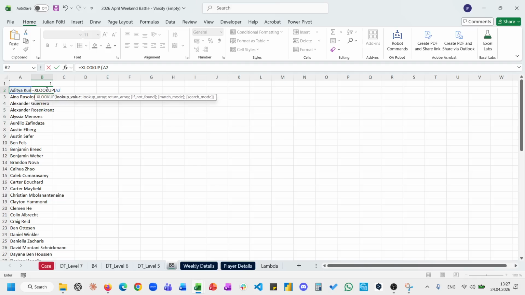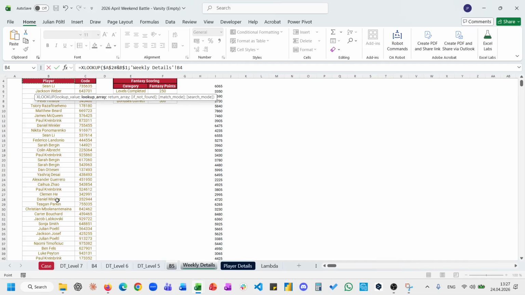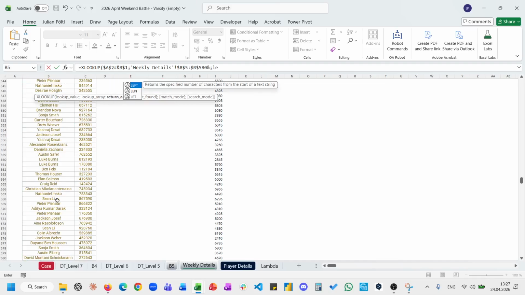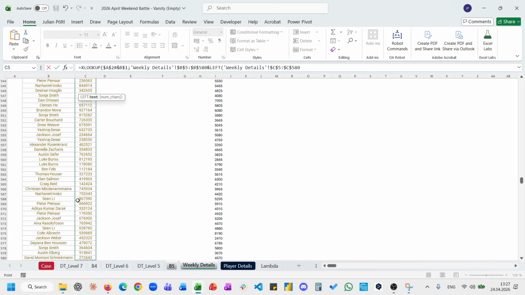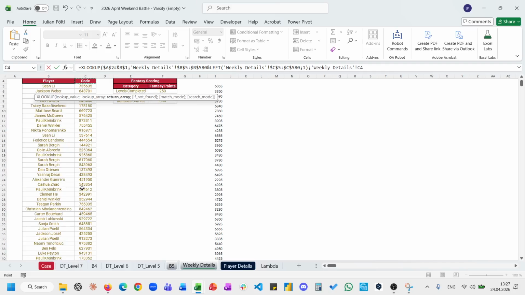XLOOKUP for the name and the week in weekly details and left one returning the code.